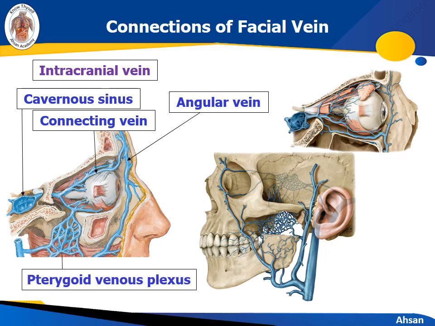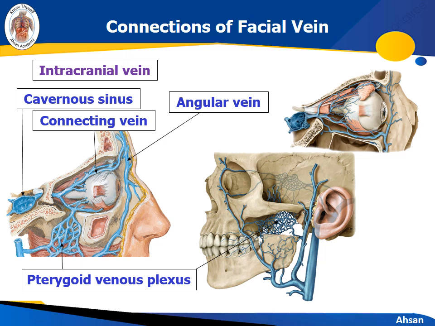Below the orbit, the facial vein has connection with the pterygoid venous plexus, and the pterygoid venous plexus has a communicating vein that connects it with the ophthalmic vein, and that ophthalmic vein takes it to the cavernous sinus.